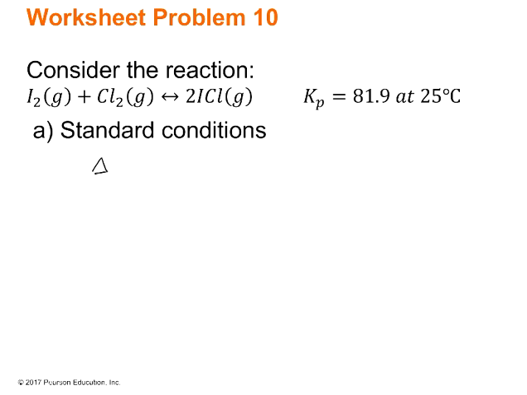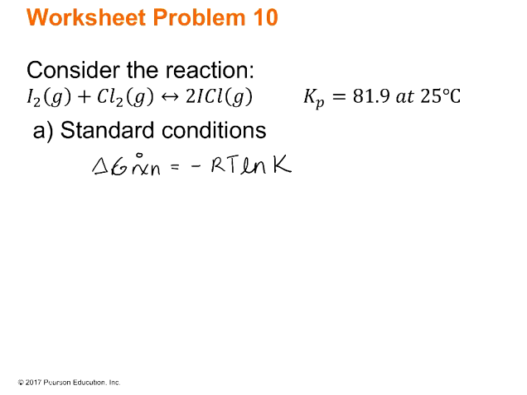delta G, let me find my notes. There they are. Delta G of the reaction will equal negative RT ln K. So remember from before we said that delta G of the reaction under standard conditions can be calculated using this equation.